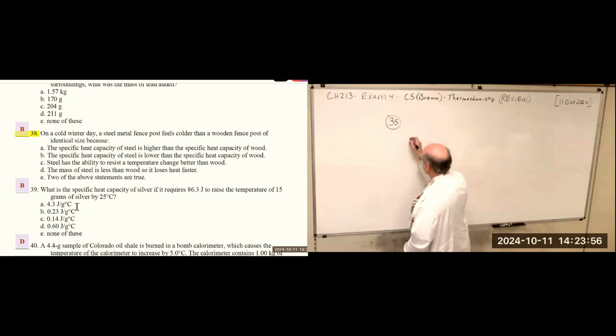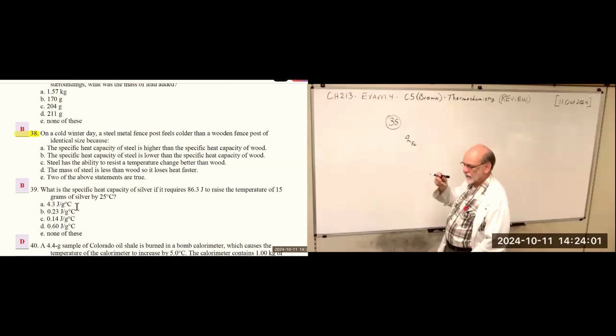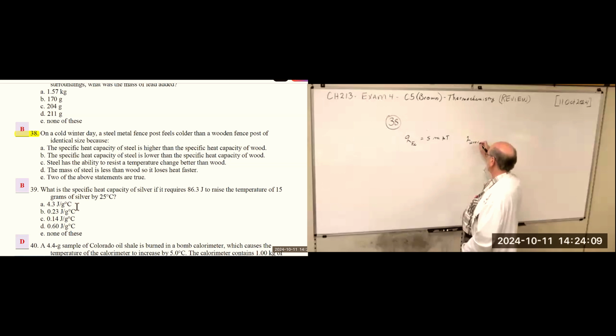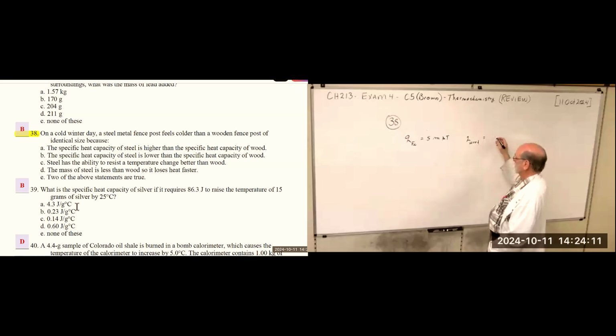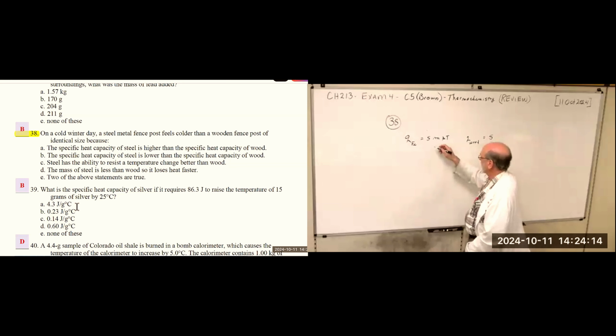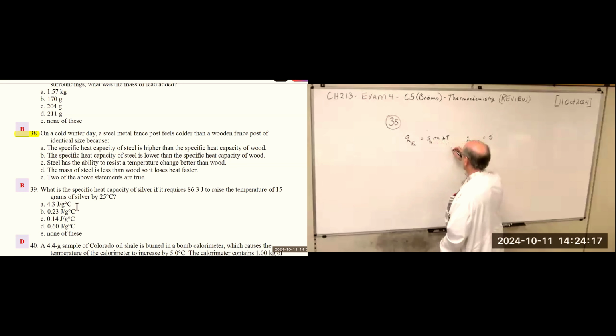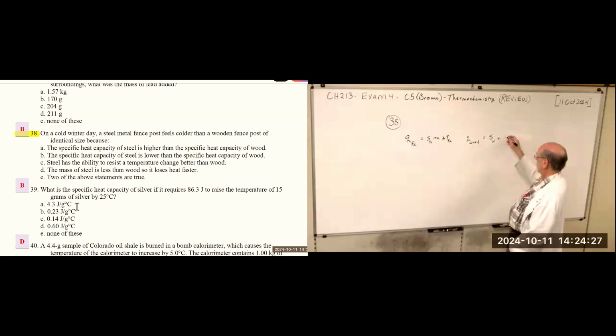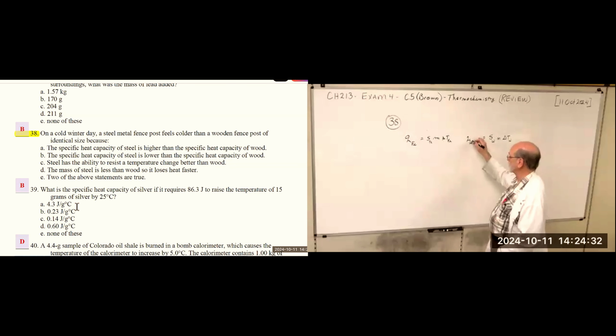Well, if we set it up like this, the heat for the steel, and I'm just going to use iron for steel, we know it's got some carbon in there, is equal to S M delta T. And the Q for the wood equals S M delta T. These are going to be two different values, and this is wood mass and delta T for the wood. Okay, we got those two situations.